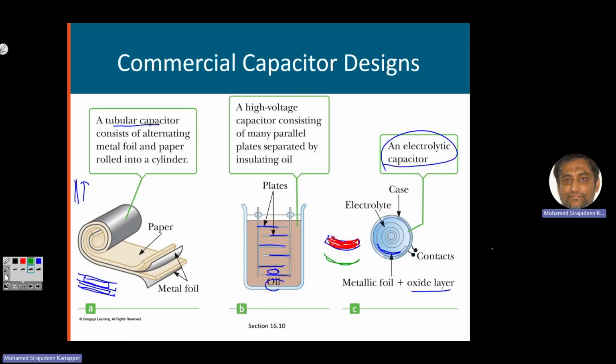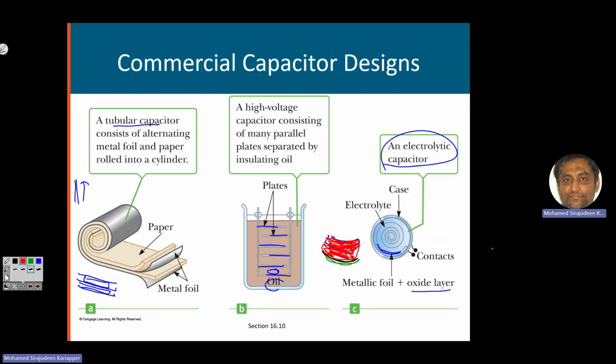And where is the insulating material? The insulating material is the oxide layer, which is very thin. On top of this metallic foil, you have the oxide layer, and the conductor should touch the oxide layer. This is the conductor, the electrolyte solution. So the red one is one plate, which is the electrolyte solution.